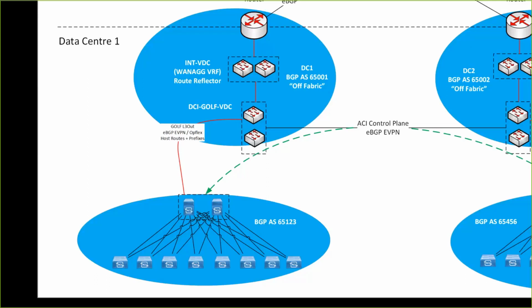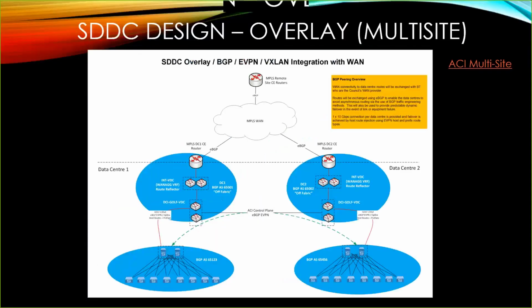So this is something that never used to be available in ACI. You used to have to do what I'm about to draw. If you have that red line, it used to come down, and layer 3 out is just basically how you get out of the fabric.